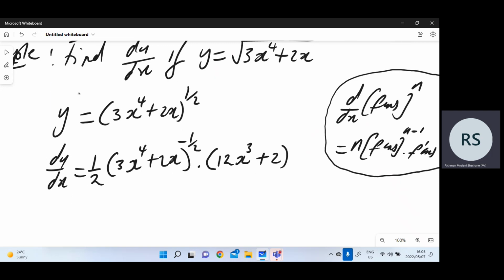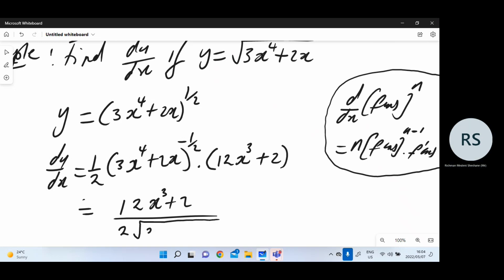This is in the numerator, because this is to the power of negative, we only have 12x to the power of 3 plus 2 over, in the numerator we have 2, and this can go to the denominator because it has a negative exponent, but I can write it as a square root of 3x to the power of 4 plus 2x. Okay, and then we're done.